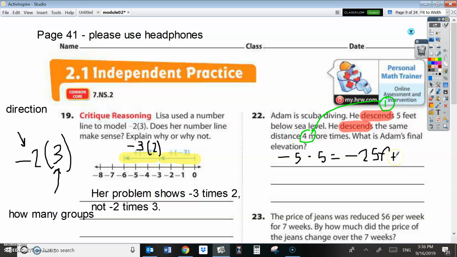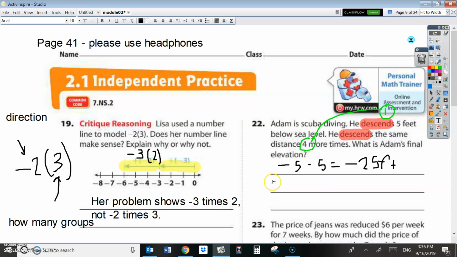You have 25 feet. He descends 5 feet 5 times.